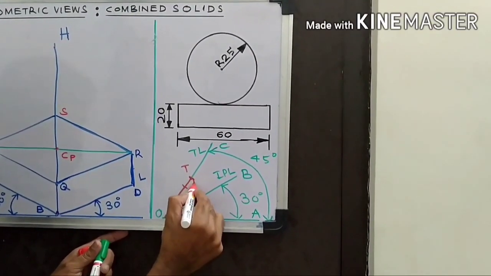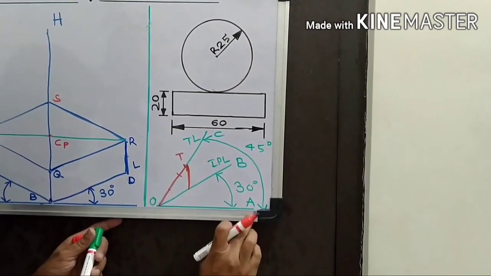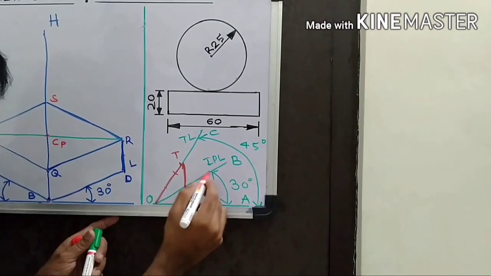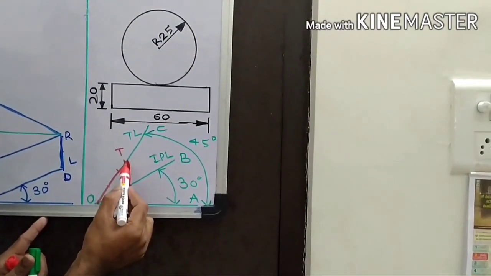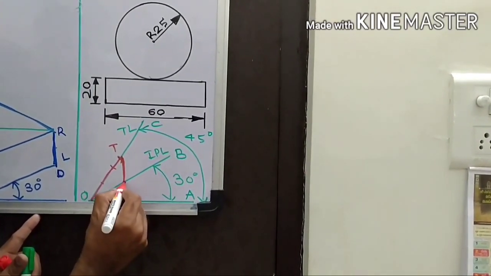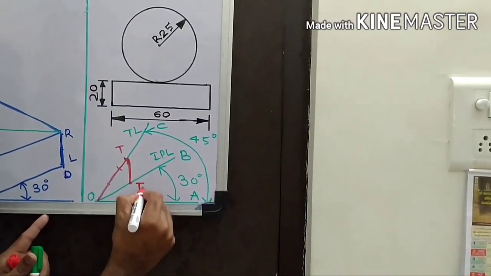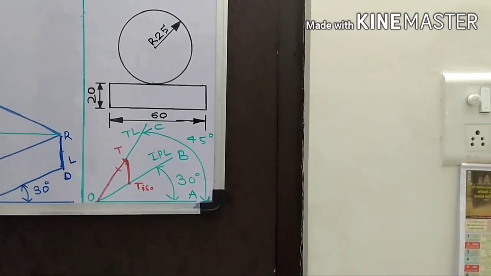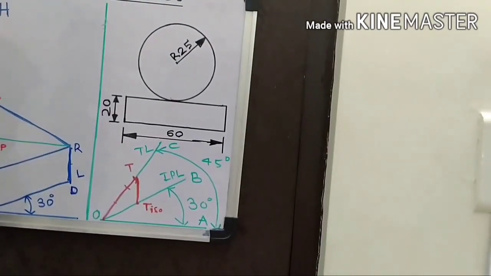From T, draw a perpendicular line to OA, meeting the OB line. Name this point T iso. Remember that this is most important for us.